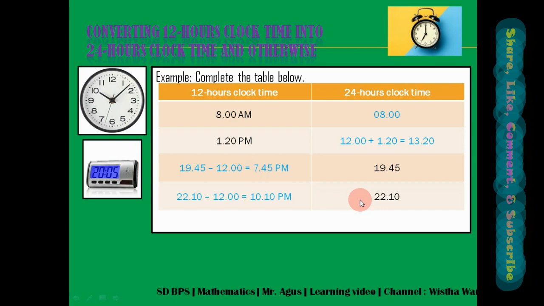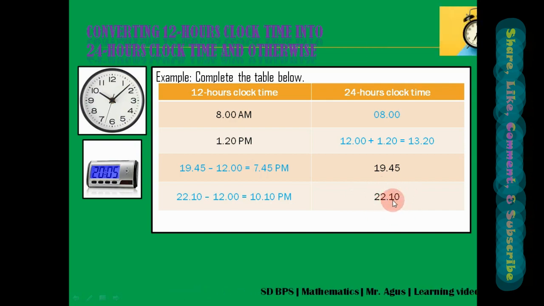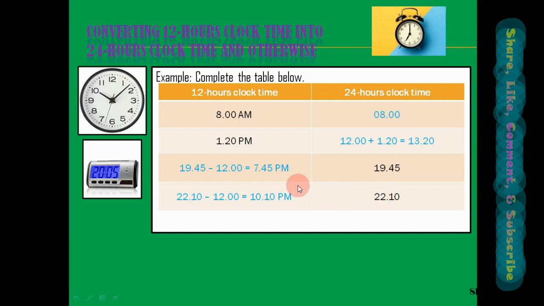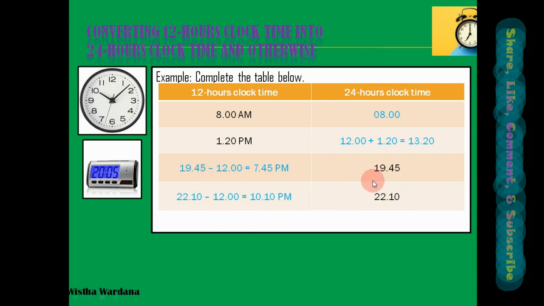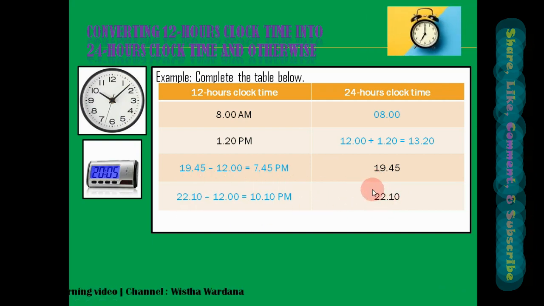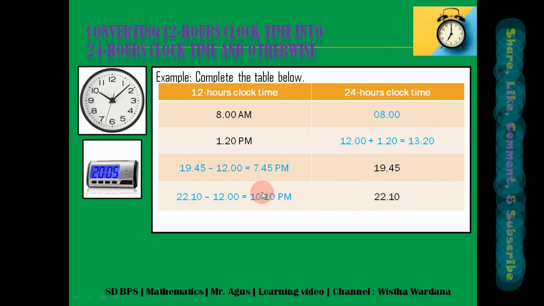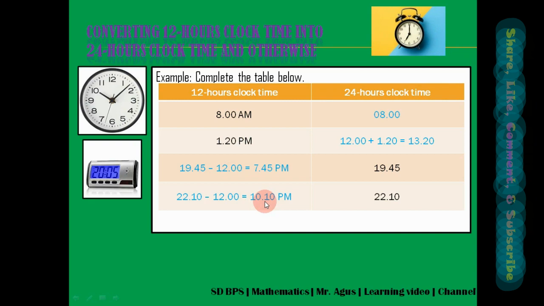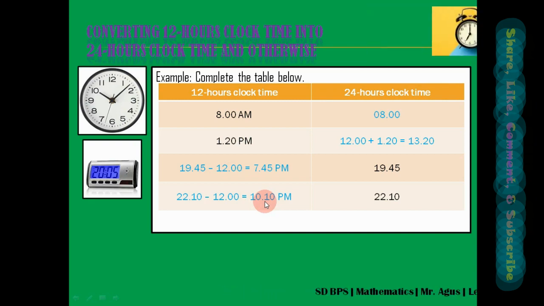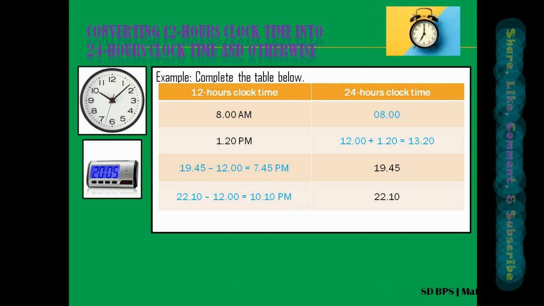And then 22:10. The way to get the answer is similar to number 3. You have to subtract 12 from the time given. So you will get 10 minutes past 10 in the night. Do you understand?